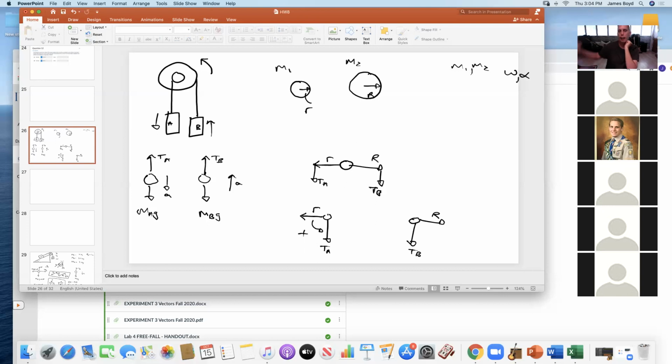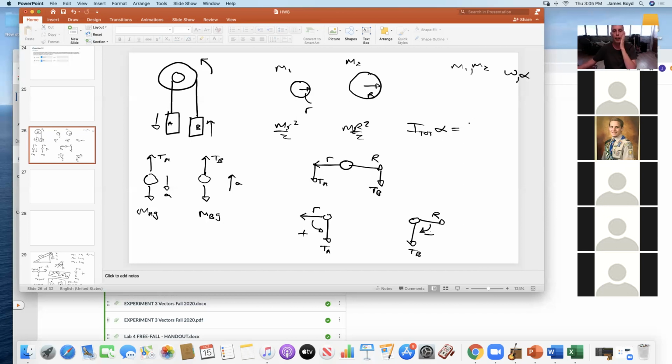And we can see that this is clockwise, so it's a negative torque. Our equation here is I total alpha, because they're composites. This is mr squared, this is m big R squared, m1 and m2. They could have different masses.